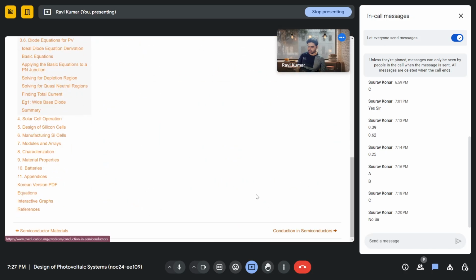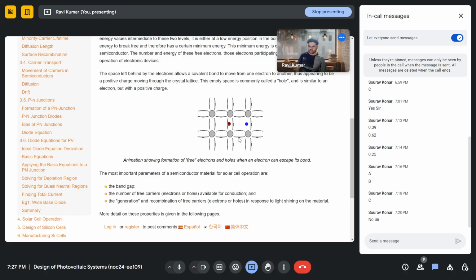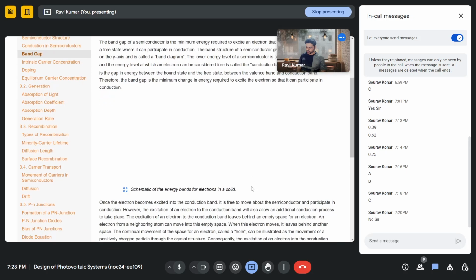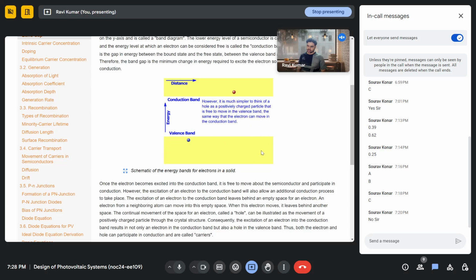The structure, conduction in semiconductors. See, these are the electron and hole, how they are free, how they are not free. All the things are here. What is the band gap? See, conduction, distance, electrons, energy. It is going up. Next. So this is the way conduction takes place in a semiconductor device.